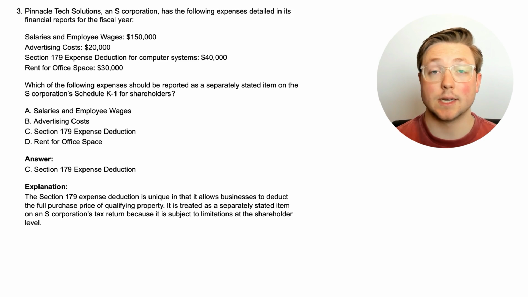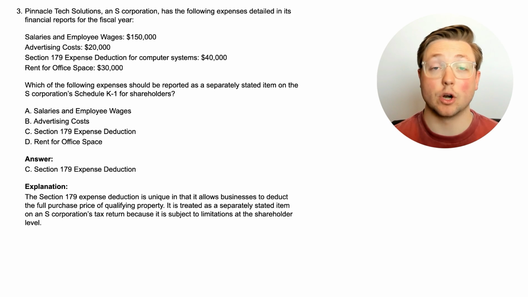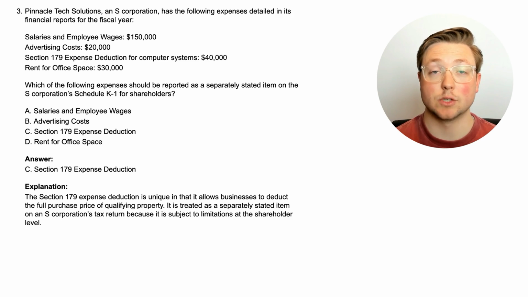The Section 179 deduction allows them to expense the whole item in that year for tax purposes. And because that can affect things so drastically, there are specific tax treatments for this, and they have to flow through to the S corporation shareholders to be treated there. So that's one specific separately stated item that you would probably need to know, which is the Section 179 deduction. Let's go to the next question.